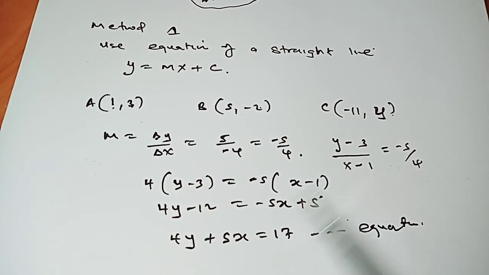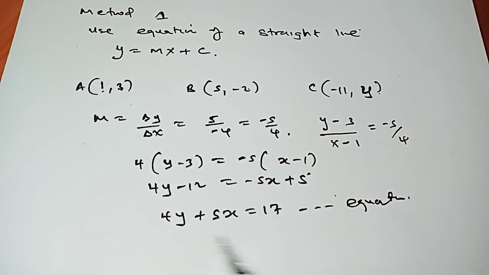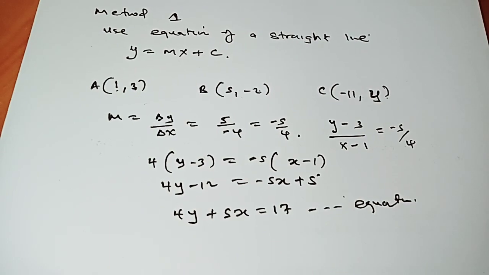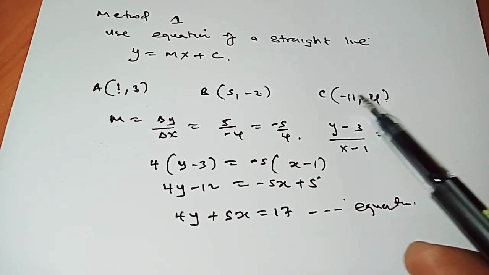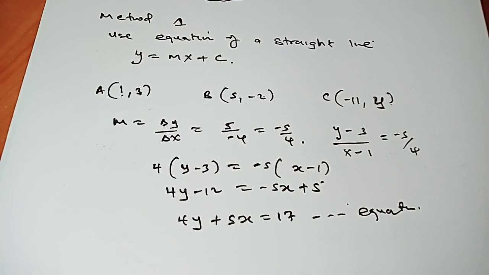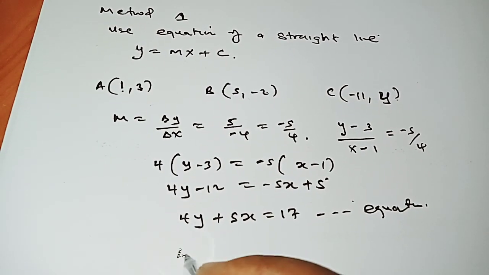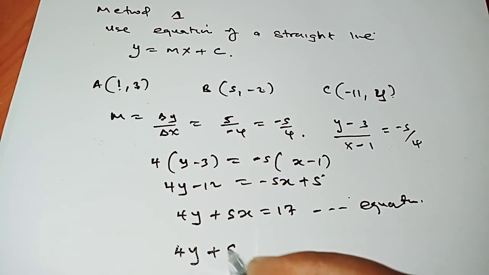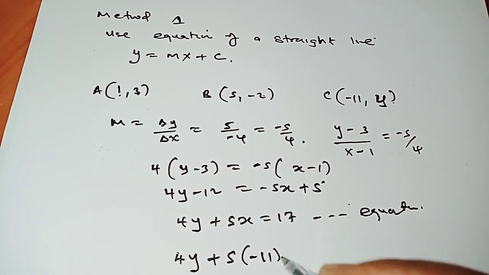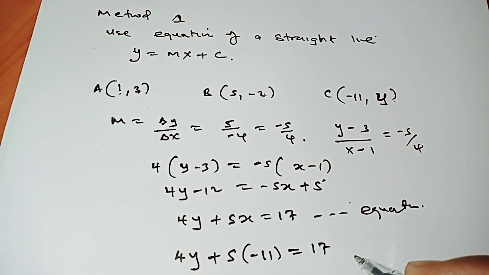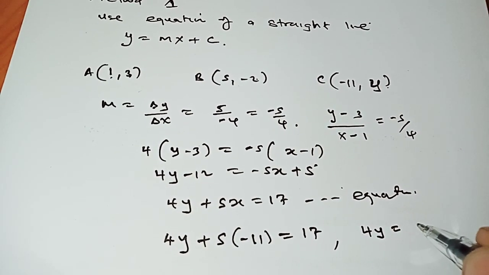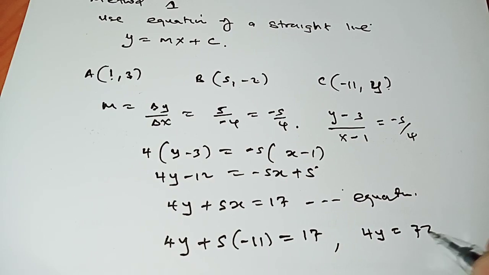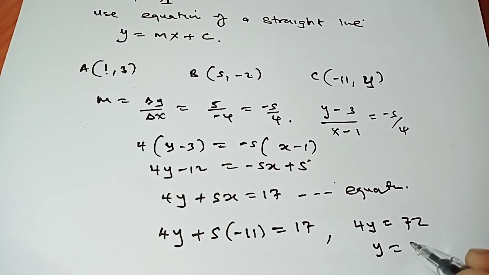So this is our equation of a straight line, which we assume that if 3 points A, B, and C are collinear, then they all must satisfy this equation, right? So we are going to take this point, we substitute x for -11, and we determine the value of y. So we take 4y plus 5 into minus 11 is equals to 17, and so 4y is going to be equal to that, which is 72, and y is 18.